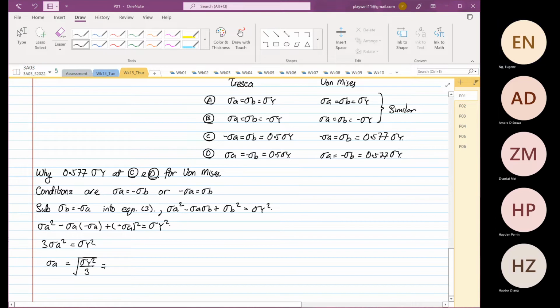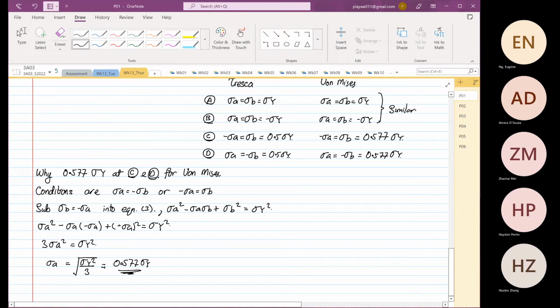When you have an expression like this, if you put in 1 divided by square root 3, that is equal to 0.577 sigma y.